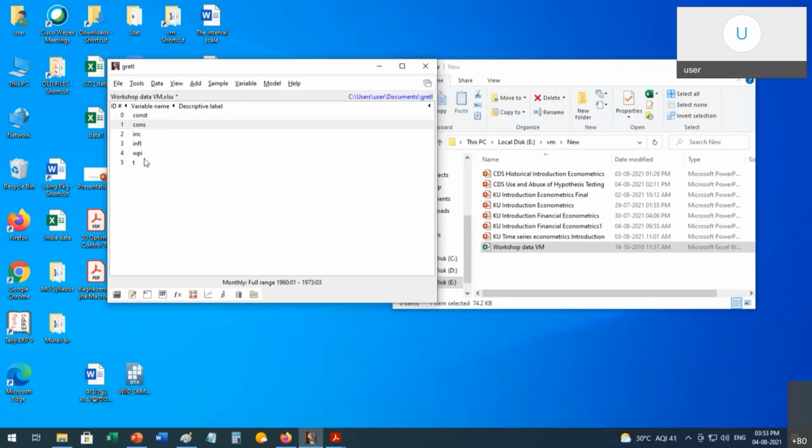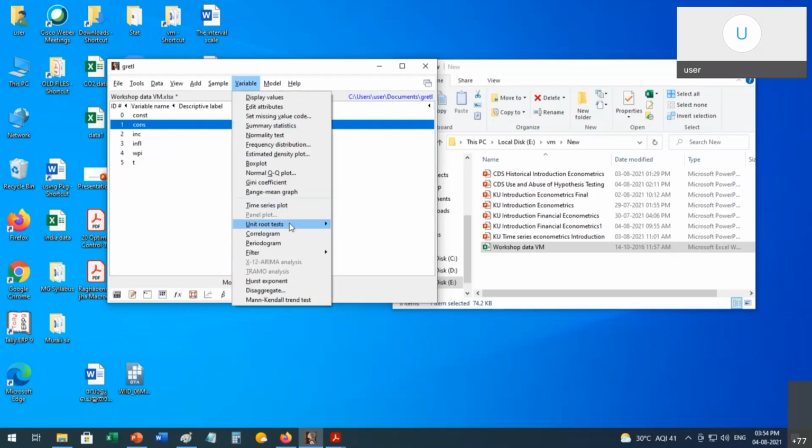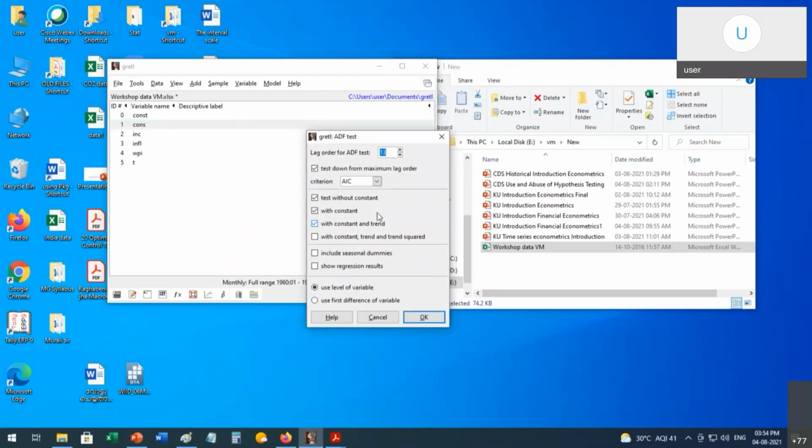Okay, we have entered the data, consumption, income, and inflation. We want to know whether there is co-integration among these three variables. Now we have to see whether all the three variables are of the same integration. Because we do not have enough time, I will consider only one variable, consumption. Actually all the three variables are non-stationary, that is, they are integrated of order 1. So let us go to the variable, unit root test, ADF.